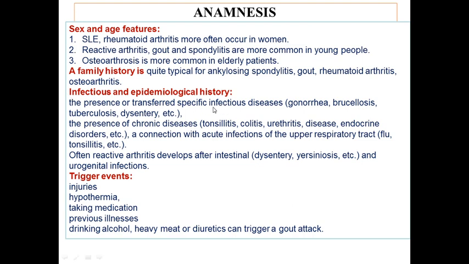When you are taking history about infection and epidemiological history, pay attention to the presence of transferred specific infectious diseases like gonorrhea, brucellosis, tuberculosis, presence of chronic disorders like tonsillitis, colitis, urethritis, and also connection with acute infections of the upper respiratory tract. For example, acute rheumatic fever may develop after acute tonsillitis. Often reactive arthritis develops after intestinal disorders or urogenital infections.